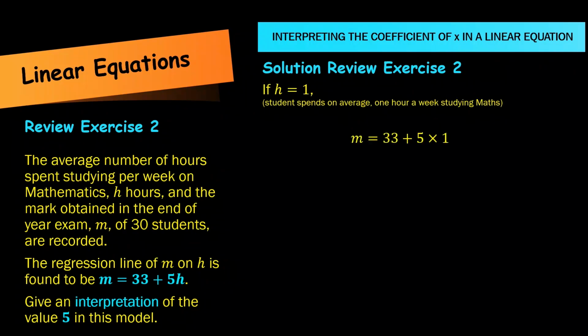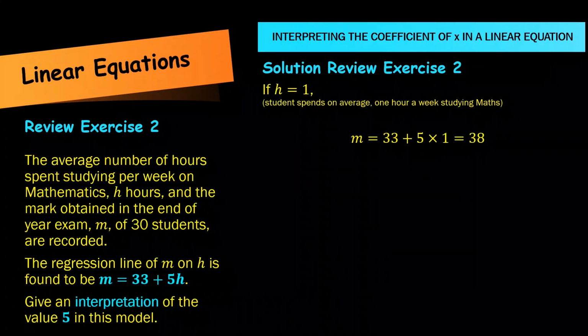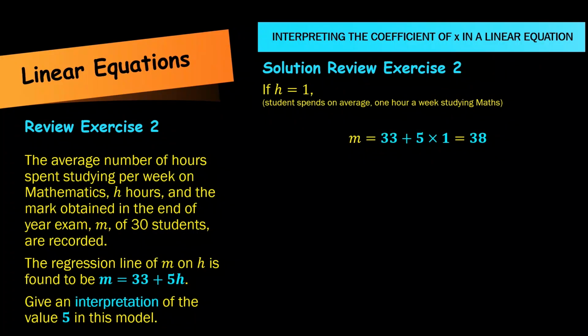If H equals 1, in other words, the student spends on average 1 hour a week studying maths, we have M equals 33 plus 5 times 1, which equals 38.